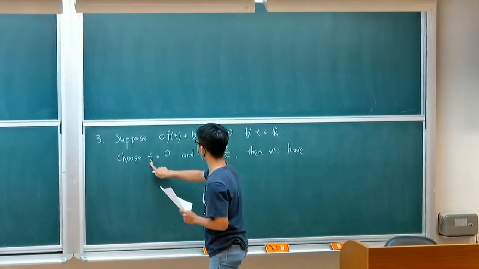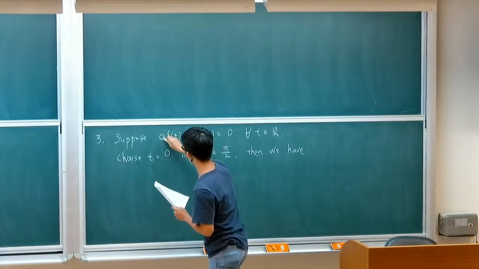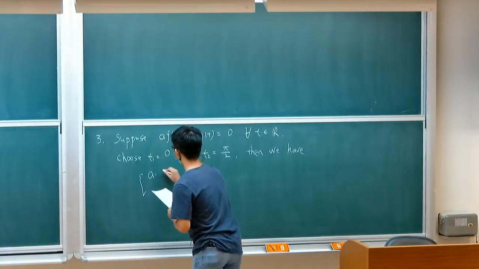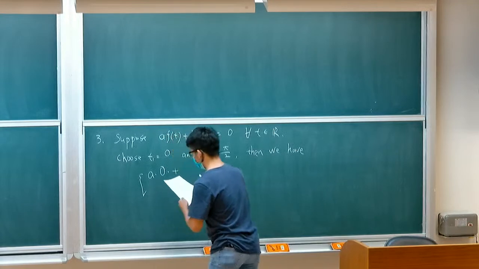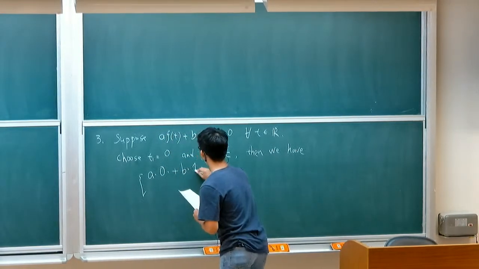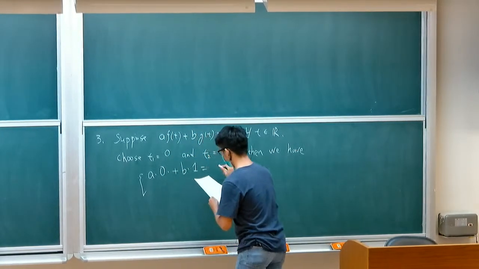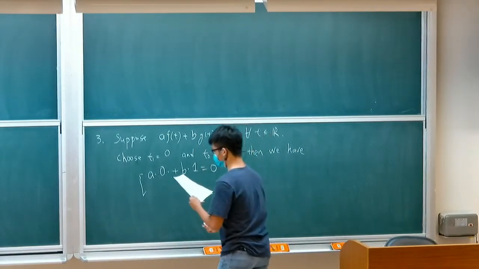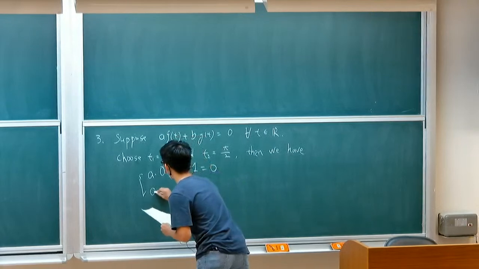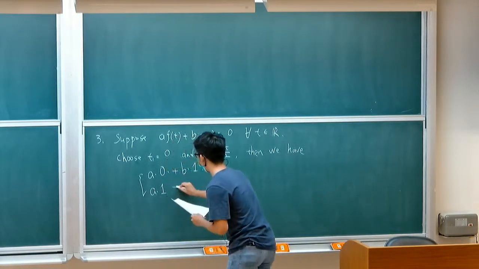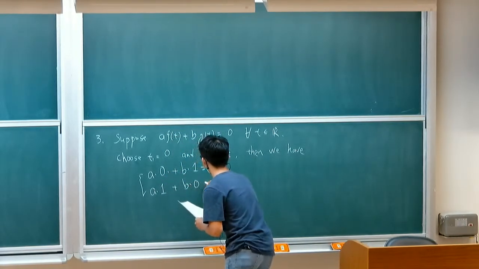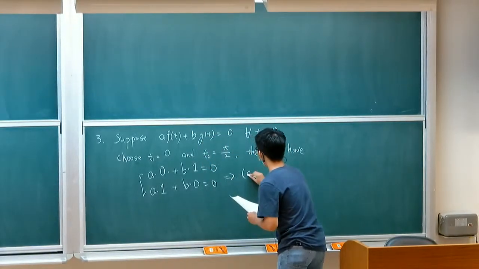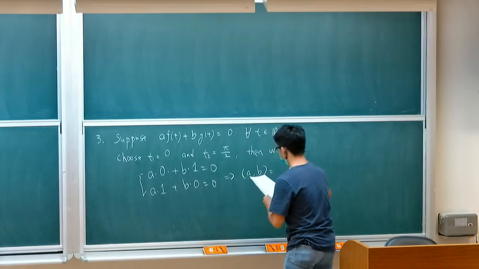First we substitute t1 in this equation. It gives us a times 0 plus b times 1 equals 0. And we substitute t2 into this equation. So we have a times 1 plus b times 0 is 0. So it gives us a, b are both 0.